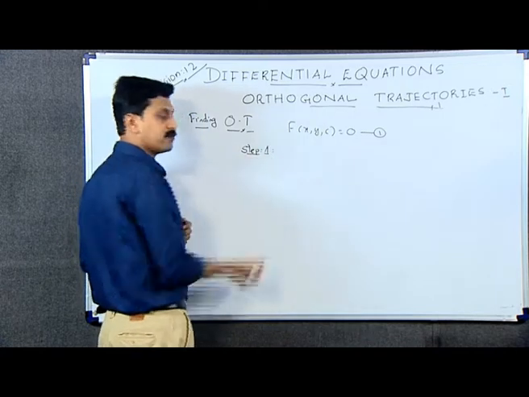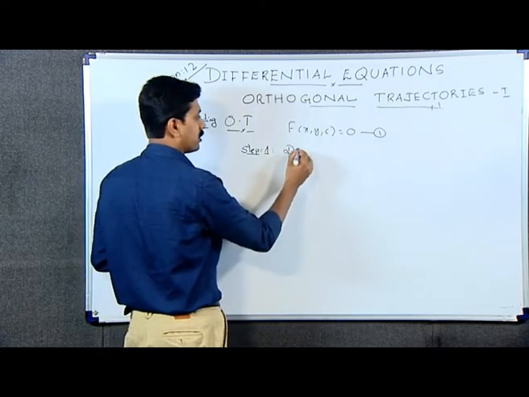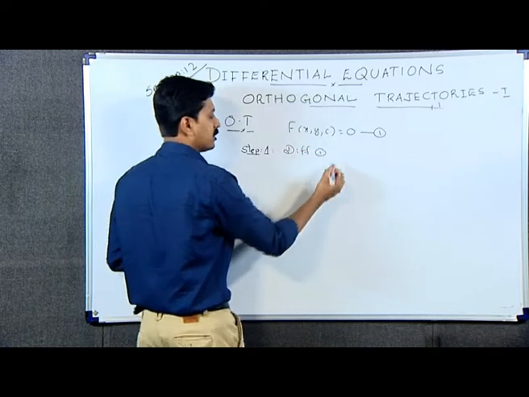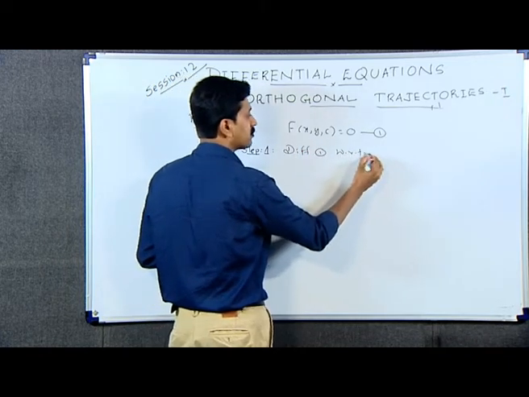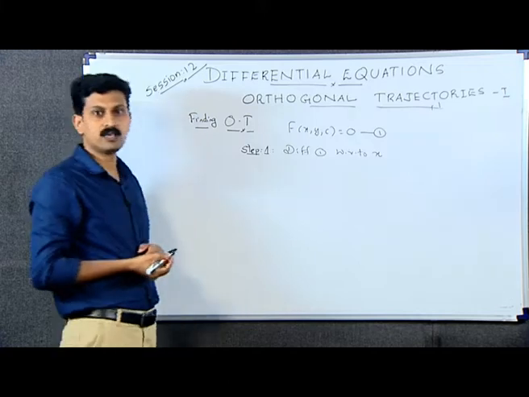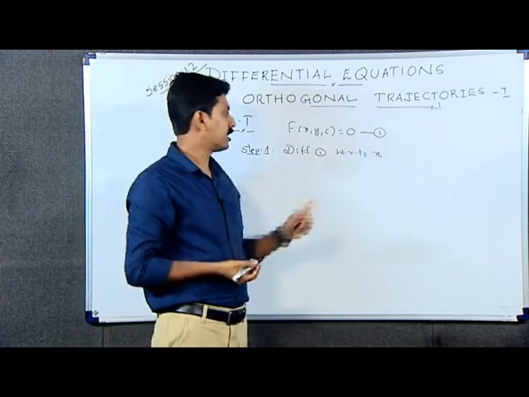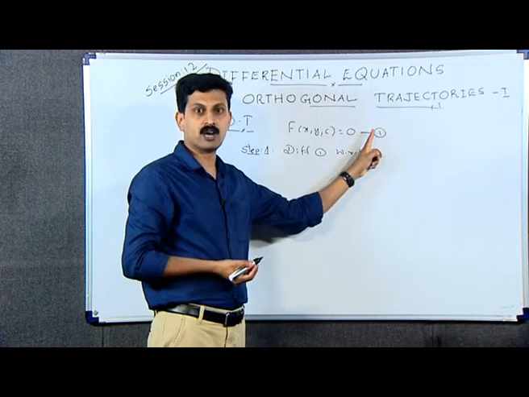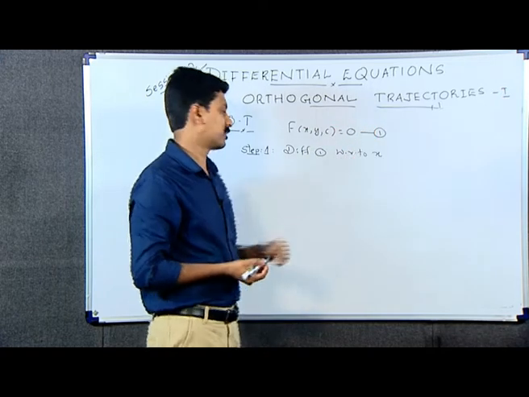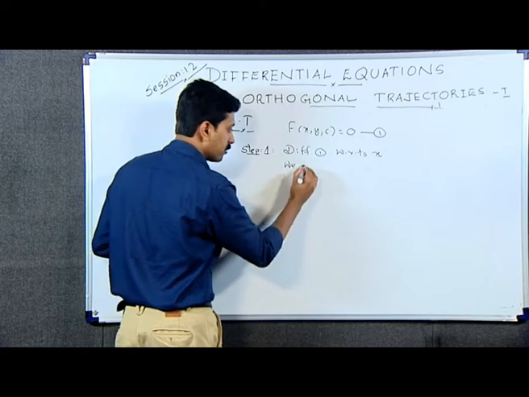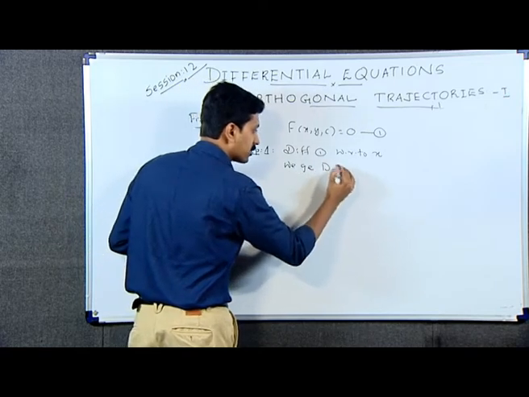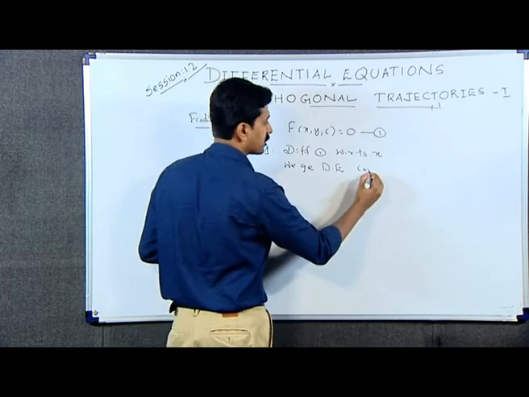In step 1 we will differentiate (1) with respect to x. What will happen? We will get a differential equation corresponding to the family of curves (1), that is, an ordinary differential equation.